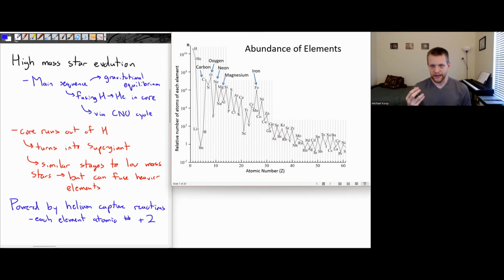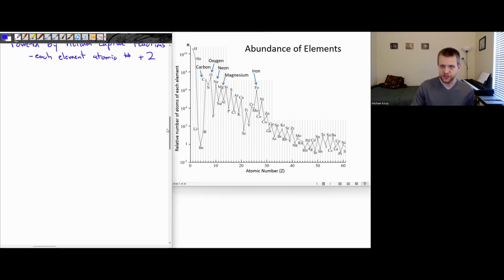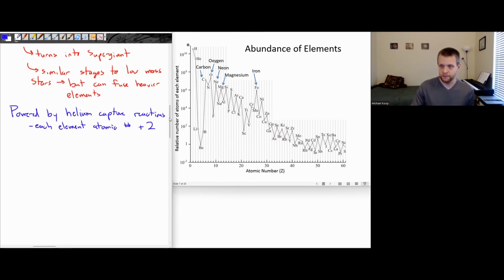Well, by looking at different clouds of dust and gas in space, we can look at the abundance of elements in different parts of our galaxy. This table is going to be very, very important for understanding how we know what we do about the fusion reactions going on in these different stars.